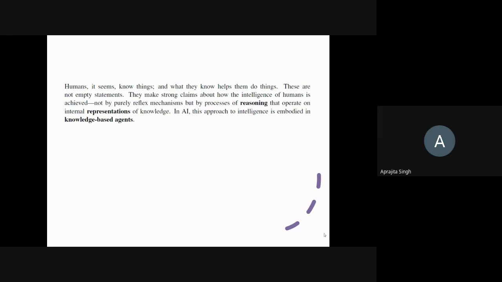So there is something called reasoning that operates behind, isn't it? And that reasoning taps into the knowledge of a person. So internal representation of the knowledge is there, which we will have to look into, isn't it? If you're talking about AI. In AI, this approach to intelligence is embodied in the knowledge based agents.